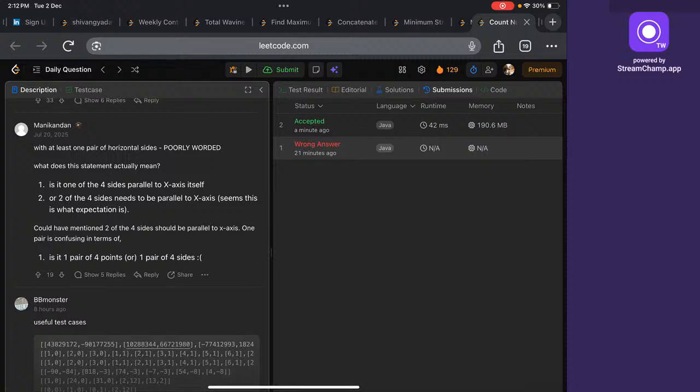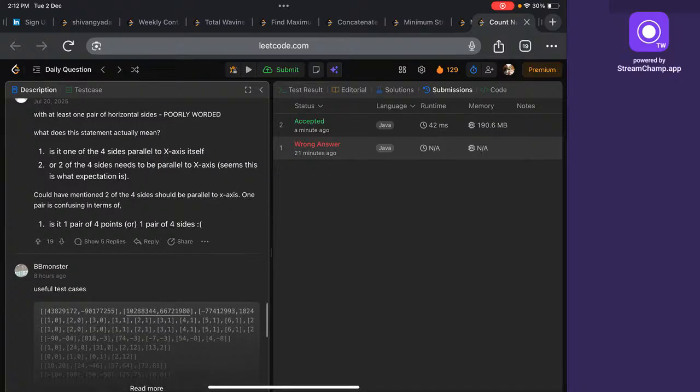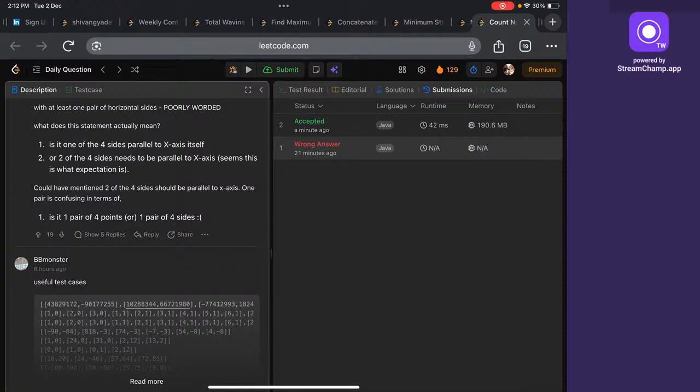What does this statement actually mean? Is it one of four sides parallel to the x-axis itself, or two of four sides parallel to the x-axis? Same, this is what is expected. They could have mentioned two of four sides should be parallel to the x-axis. One pair is confusing in terms of, is it one pair of 4 points or one pair of four sides?